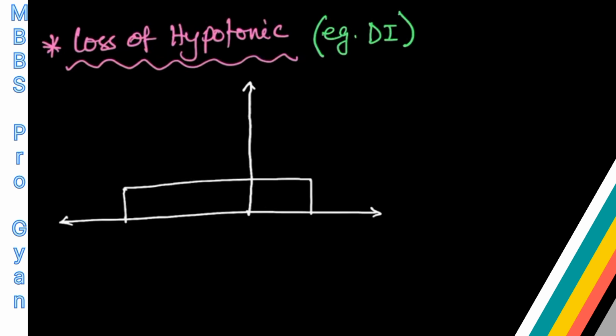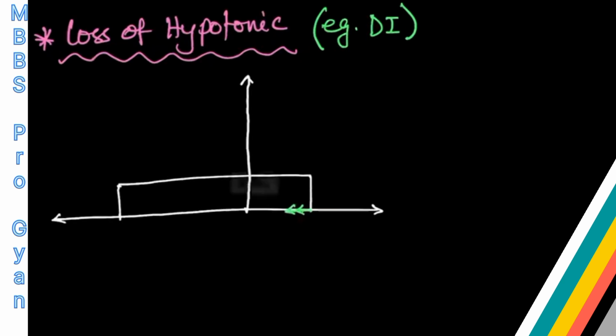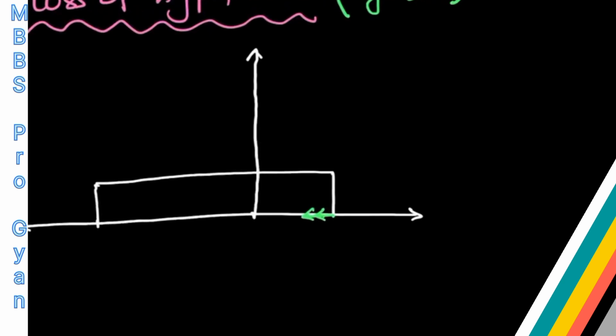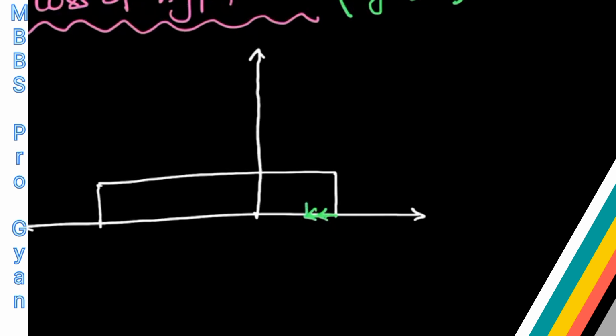So this is the normal diagram, black color. Now loss of hypotonic fluid. First of all, there will be decrease in this ECF volume because of loss of fluid from there. But only water is going out, solute is remaining in the ECF. Getting my point? So what will happen to the net tonicity, net osmolality of the ECF now?